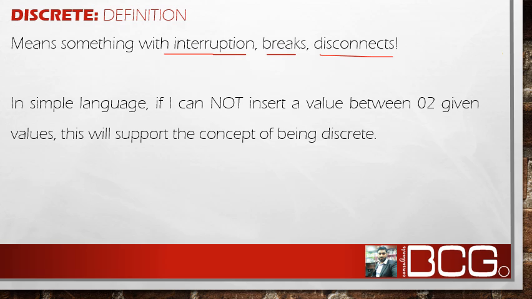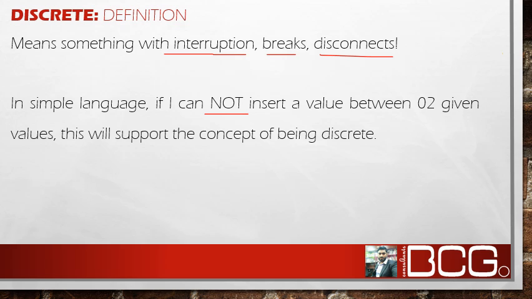Or the other way, we can say that if I cannot insert a value between two given values, or between two given situations or scenarios, this supports the concept of being discrete in nature.